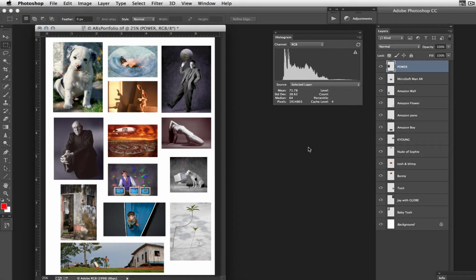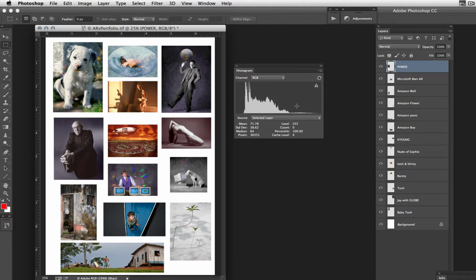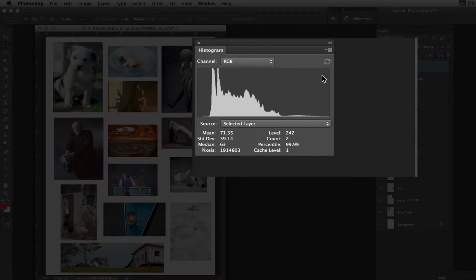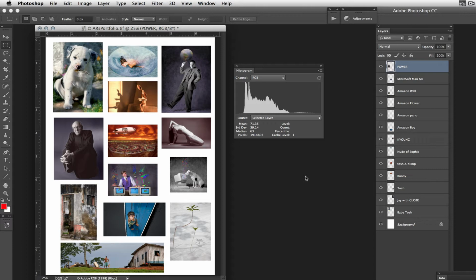So here we are in Photoshop, and I've got a layered document. And essentially right now what I can do is see the histogram here. And as you can see, here's our little warning that we're at cache level number 4. If I click, it updates, and you can see the histogram changes just a little bit.